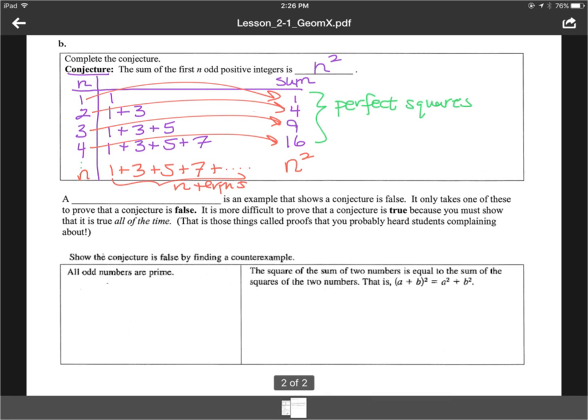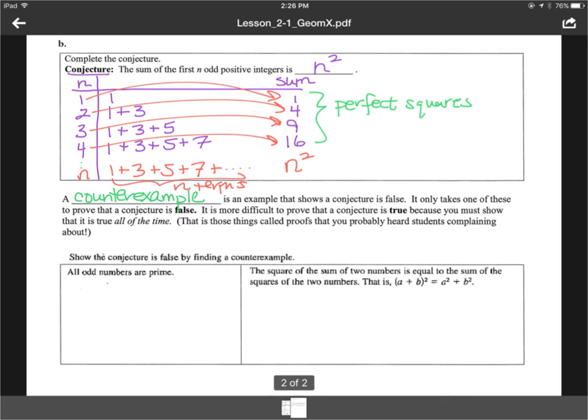All right, and then another term here, a counterexample is an example that disproves a conjecture. If you want to prove a conjecture is true, you have to give kind of like a long argument. To prove something is false, all you need is one example that shows it's not true. So remember when we talked about always, sometimes, never? Always statements are statements that are true, always without any exception.